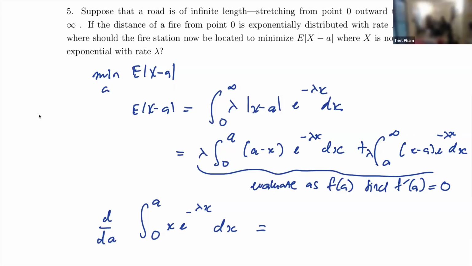Have we forgotten our calculus 1? The answer is A e to the minus lambda times A. It's very simple. You just plug A into the integrand, wherever the x is. That's called the fundamental theorem of calculus.